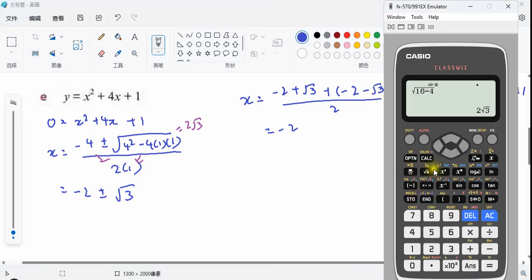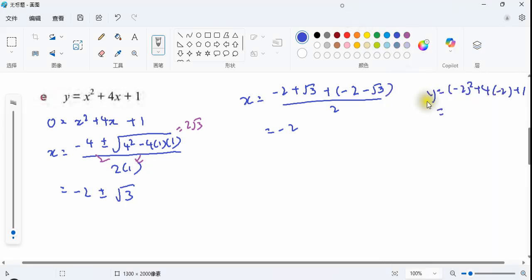Substituting negative 2 into x squared plus 4x plus 1, we get negative 3. So the minimum point is negative 2, negative 3. When x equals 0, y equals 0 plus 0 plus 1, which is 1.